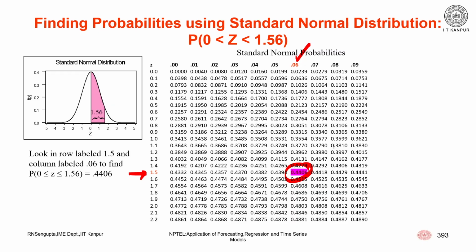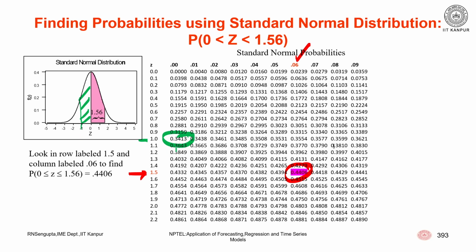Now, the question will come up: what happens to -1, as we encountered in the last slide? So, this is +1, and the value is 0.3413. Now, this is on the right hand side. If I check -1 on the left hand side, it is symmetric, if we remember.